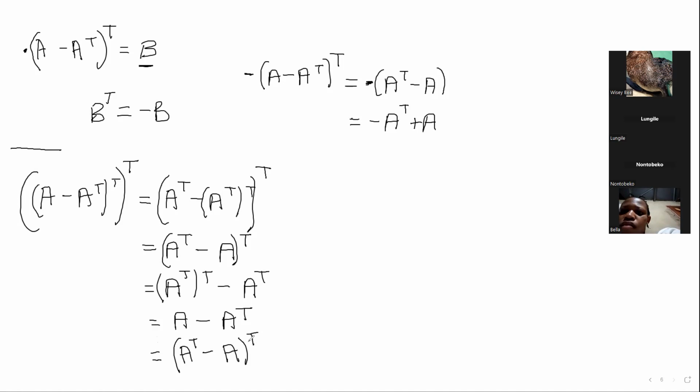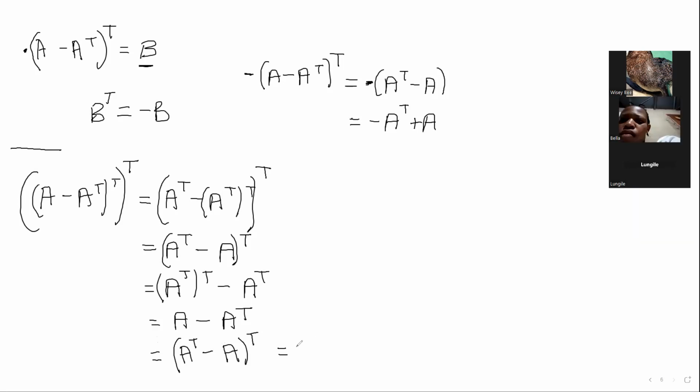And then I could just factor out a negative. This will be, let me put a bigger bracket, minus AT plus A, and then I put the T. I'm just factoring out a negative here.